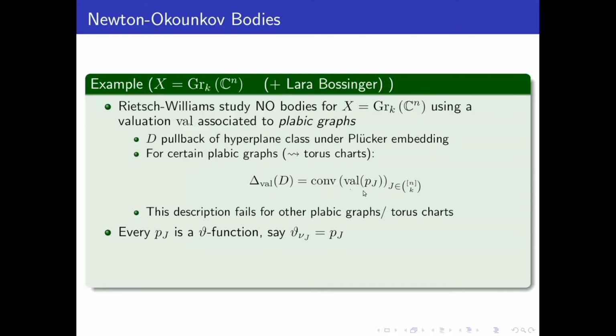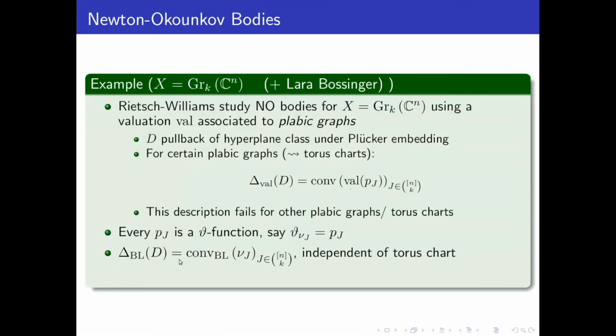Well, all of these Plücker coordinates are in fact theta functions, and let's write the Plücker coordinate p_j as theta sub nu_j. And then if we write things this way, this intrinsic Newton-Okounkov body will always just be the broken line convex hull of all of these nu_j's.